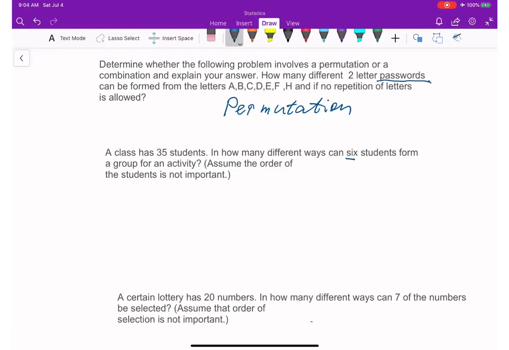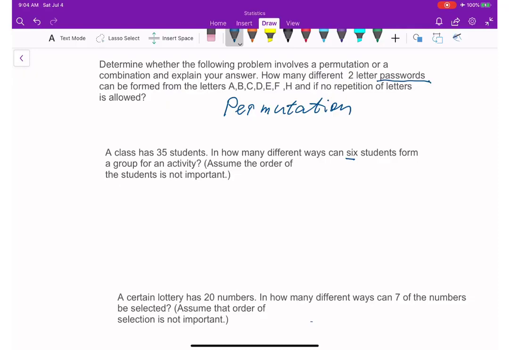So we have to choose, when we are selecting some amount of elements out of total, we are using either combination or permutation. So it's clear it's going to be either combination or permutation, because you are not choosing all of them, just only 6 out of 35. The question is it going to be combination or permutation?